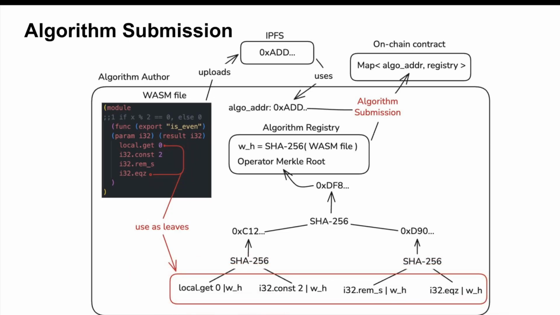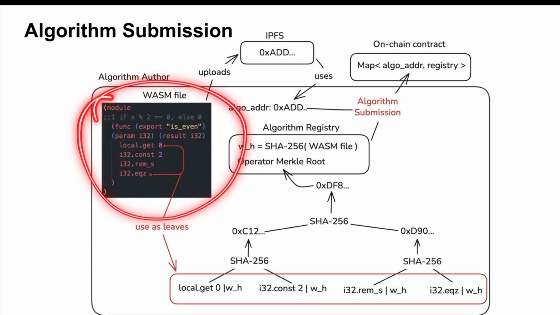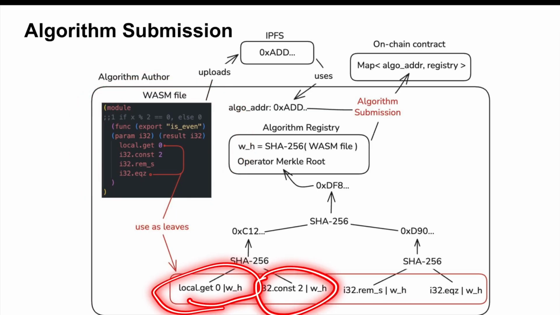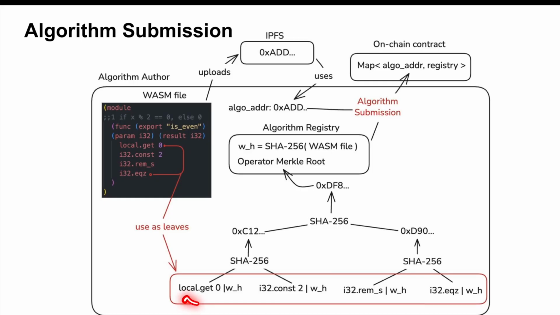So basically you use each instruction or operator as a leaf of this Merkle tree, and you concatenate it with the file hash of this whole file, so that you get unique leaves, even if the operators are the same across different modules. So you build this Merkle tree and you store this Merkle root as well.